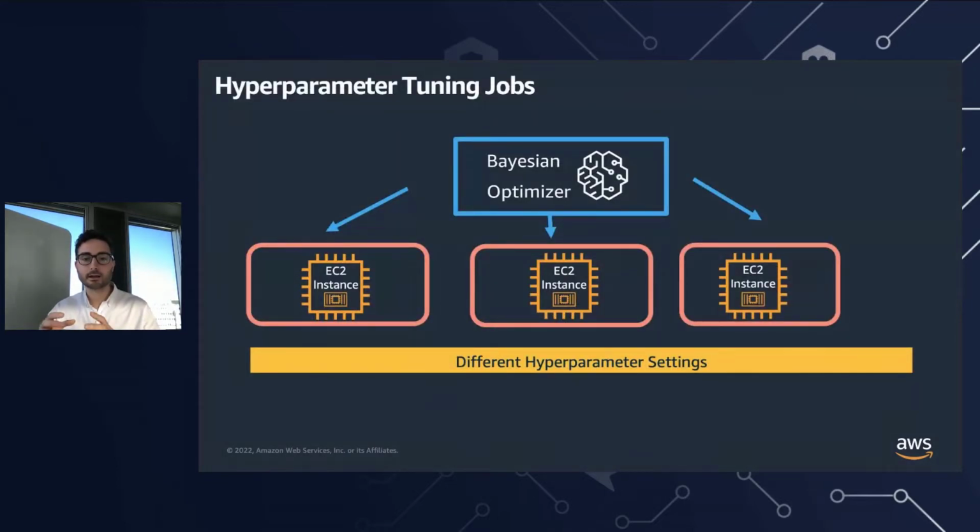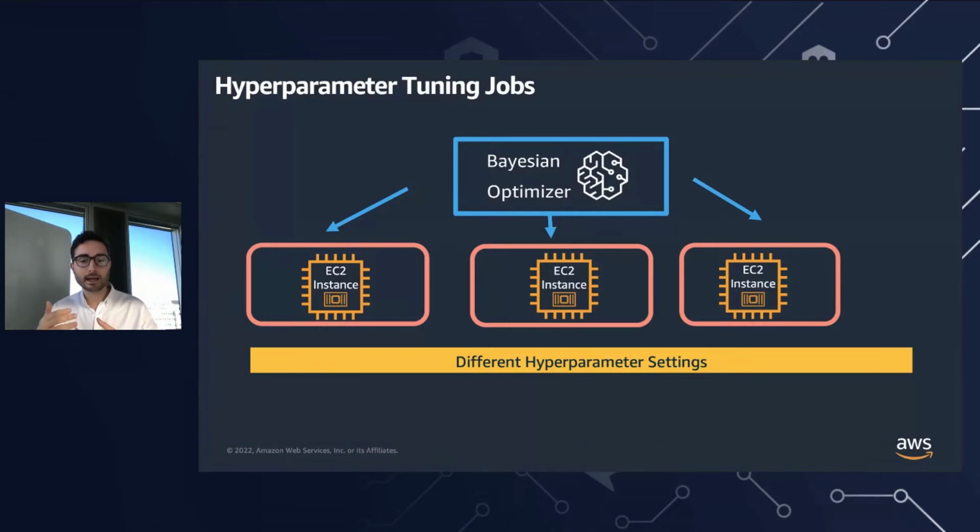Let's now take a look at how this works behind the scenes from a technical perspective within SageMaker. We have looked at our Bayesian optimizer. Our Bayesian optimizer will be responsible for finding the best model for you. So you start a tuning job, and then the Bayesian optimizer will try out many different configurations of your model with many different hyperparameters.